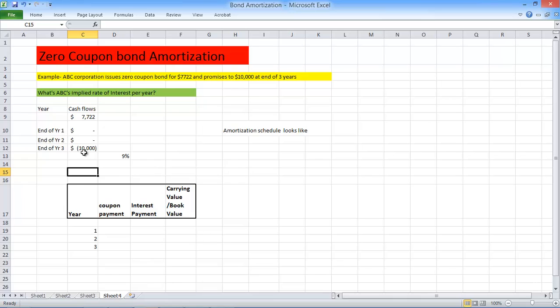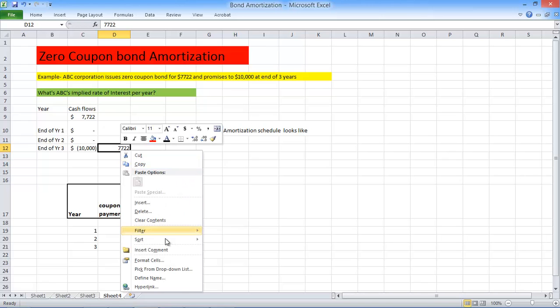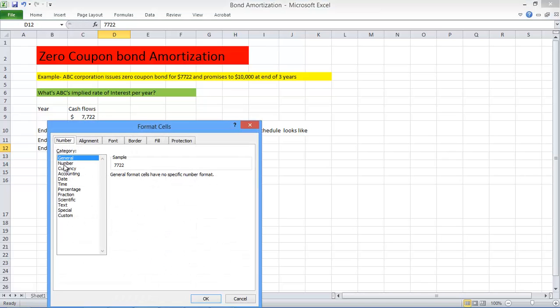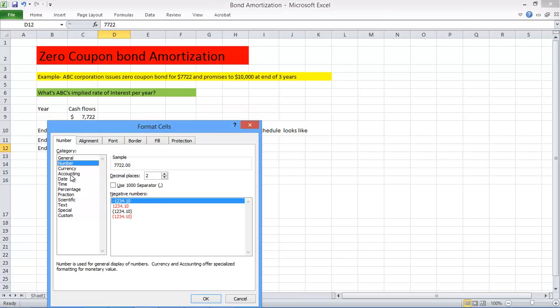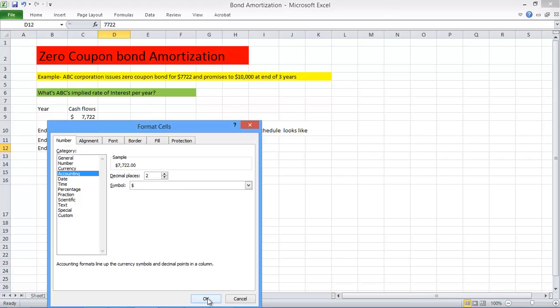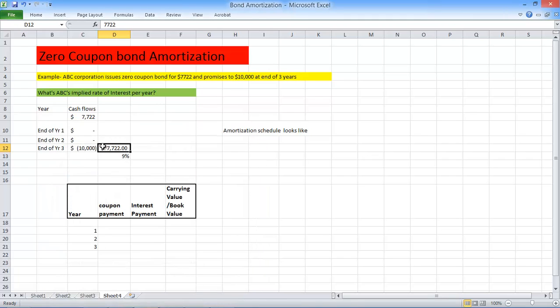Because nobody's gonna lend them 7,722 and ask them to pay 7,722 at the end of year three, unless they're very friendly.